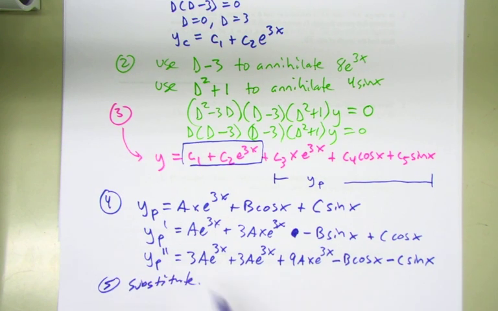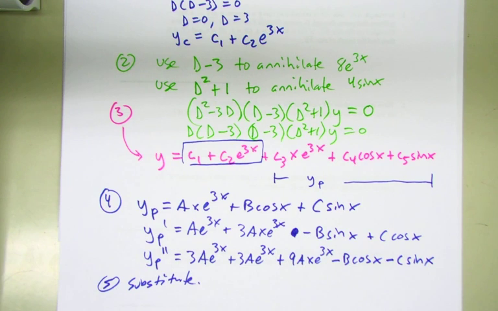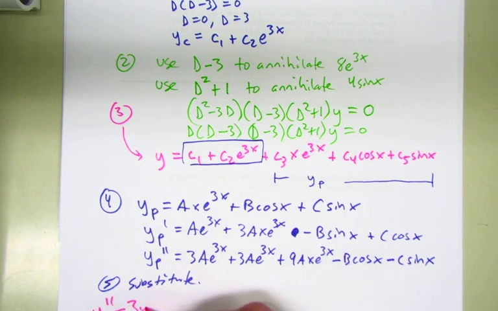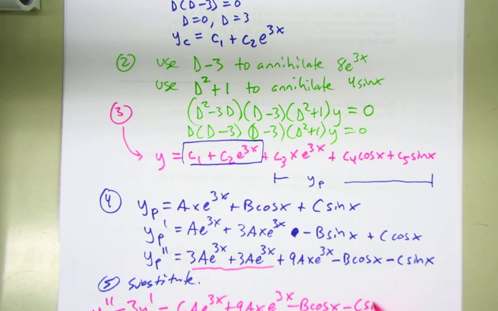Substitute. Okay, so looking at my equation, y double prime minus 3y prime is now going to become the particular double prime, so that's 6a e to the 3x plus 9ax e to the 3x minus b cosine x minus c sine x.